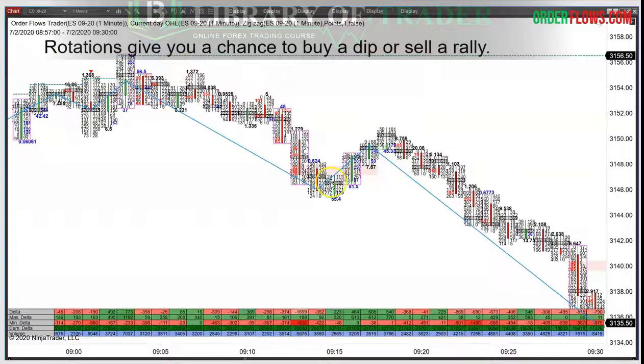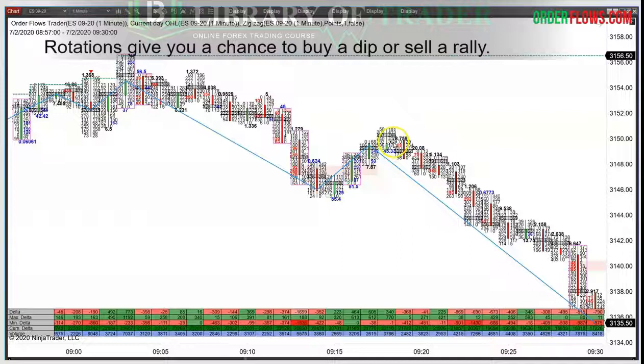However, if you understand that the market's rotating, even though the order flow looks bullish, with a delta surge here of 223, 464, 605, it can't go any higher. Rather than being married to your trade, maybe getting long here looking for the market to go higher, you realize we're not going higher.